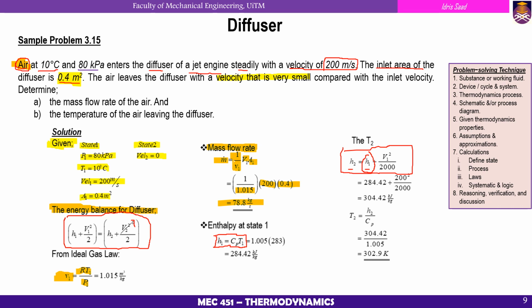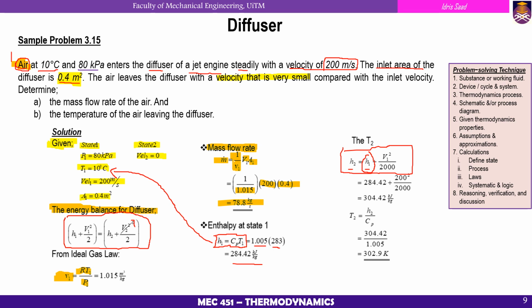CpT. We do know the value of T1. Then Cp of the air is basically 1.005 kilojoule per kilogram Kelvin. I already told you how to read the property table, so please use that knowledge. 10 plus 273, you get 283. Then H1, you get 284.42.